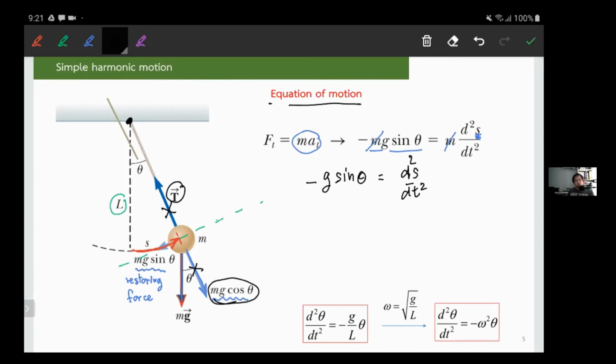Whoa. That's not easy, because it looks very messy. Well, on the left is a function of theta. On the right is a function of s. Well, that doesn't look so neat.